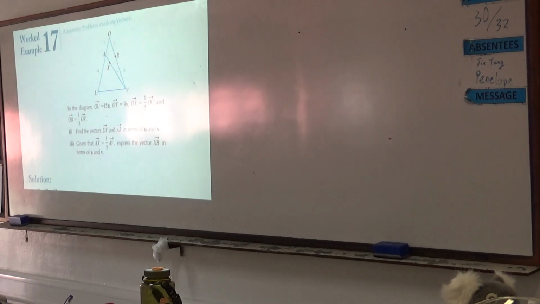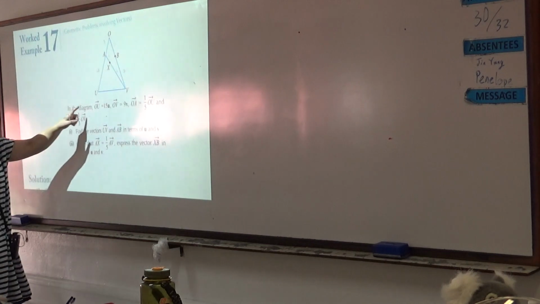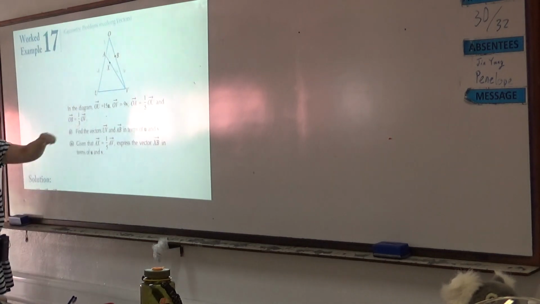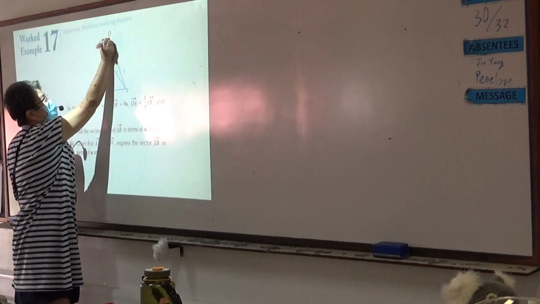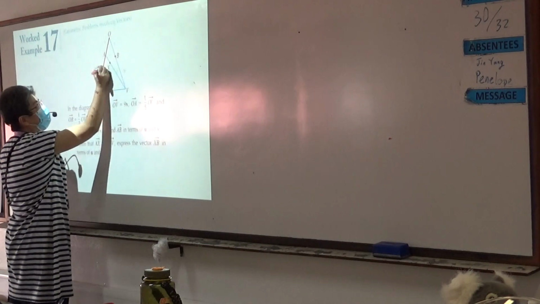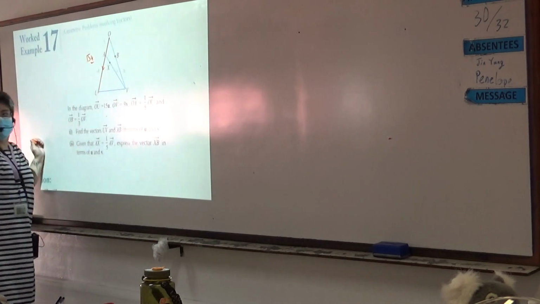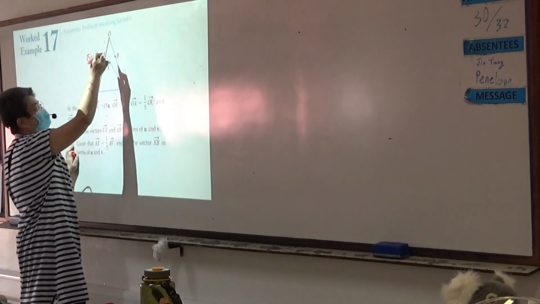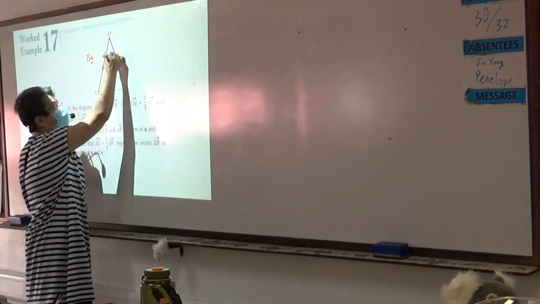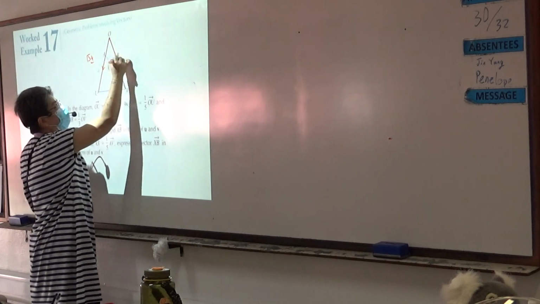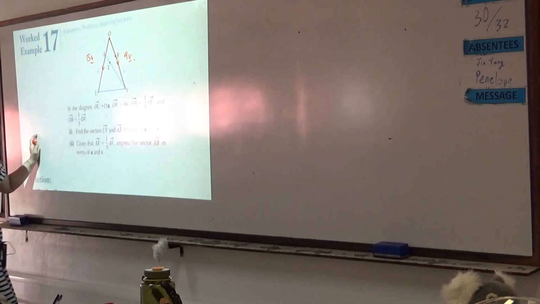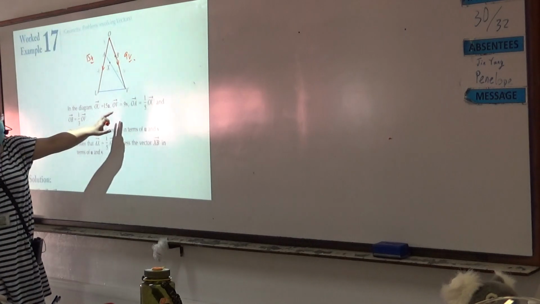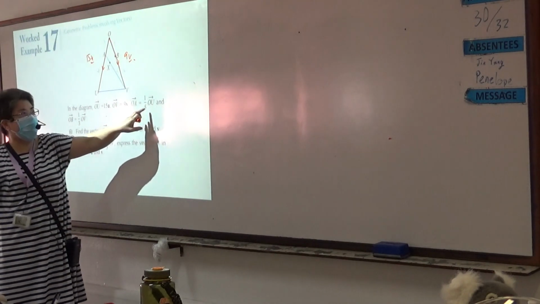Now, let's take a look here. Ignore all my small numbers there, because I'll tell you what it is. In the diagram, OU is 15U. That means the whole thing here is 15U. And OV is 9V. Are we okay? Now, OA equals 1/5 OU.